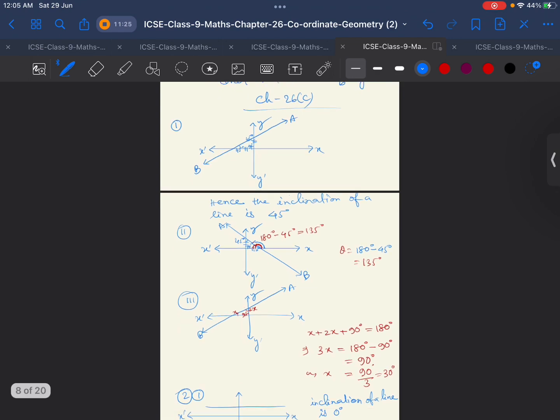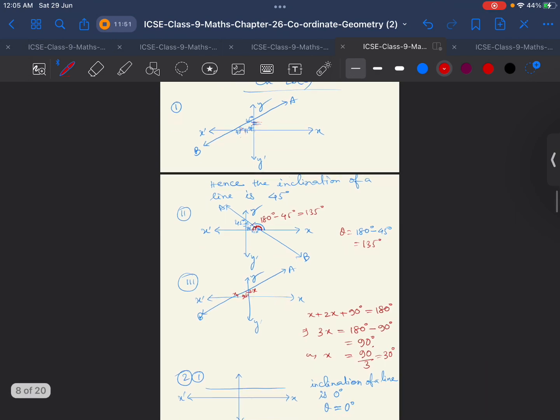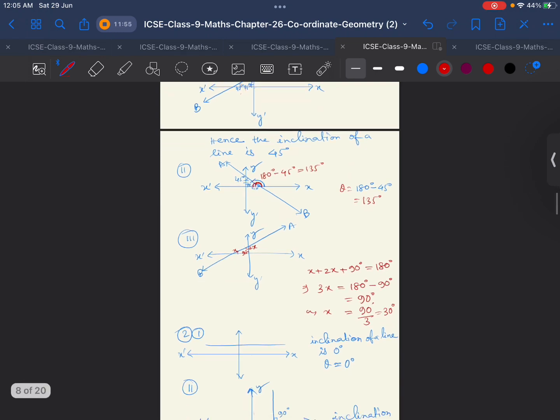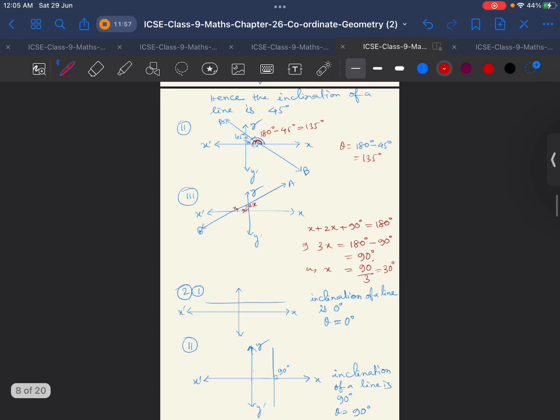Here you see this side and this side are equal, and this is a right angle triangle. This is a 90 degree angle, right angle, and these sides are equal. Then we get this angle is 45 and this angle is also 45. So the inclination of the line is 45 degrees. Hence the inclination of the line is 45 degrees.